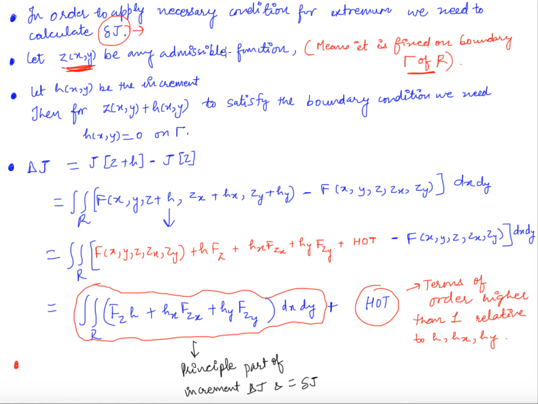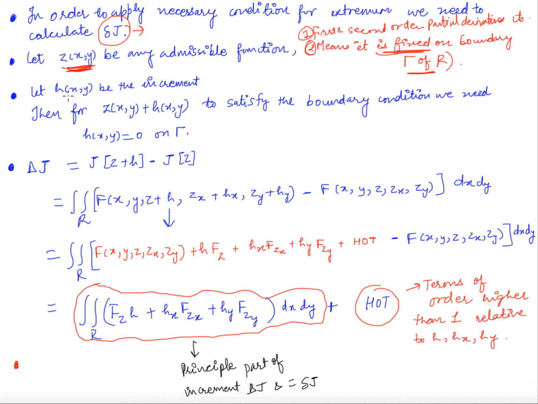Okay, admissible function means we have seen that there were two conditions, that first and second order partial derivatives are continuous. This is the first condition for the function z(x,y) to be admissible, and the second condition is it should be fixed on the boundary of the region R.